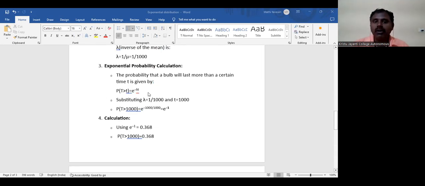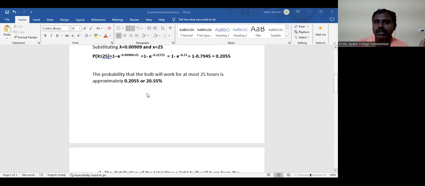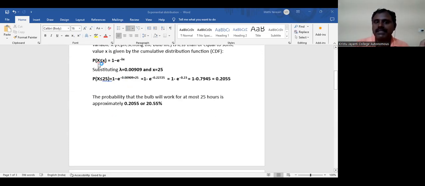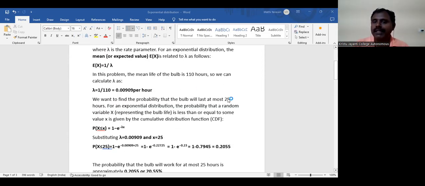Now the equation will change into P of T greater than T equal to E to the power minus lambda T. In the previous problem, what formula did we use? P of X less than or equal to X equal to 1 minus E to the power minus lambda X. We used this formula because the question said at most 25 hours, so less than or equal to 25.